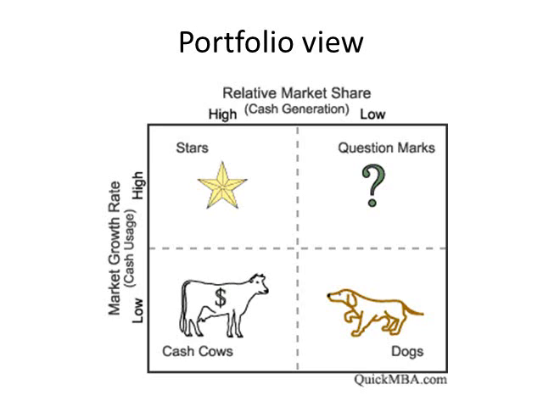So the corporate office is figuring out where to put its money, and they break up their portfolio of businesses along two dimensions. So the x-axis here is relative market share. Relative market share is intended to be some gauge of your strengths, weaknesses. So if you have high market share, it means you have high competencies.